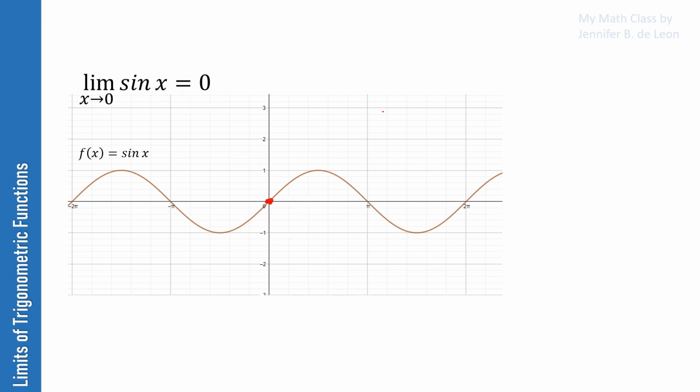Aside from that, we can also find the limit of the given function by evaluating the function at x equals 0. So we get f of 0 equals sine 0. Using our calculator, we will get 0. Therefore, the limit of sine x as x approaches 0 is 0.